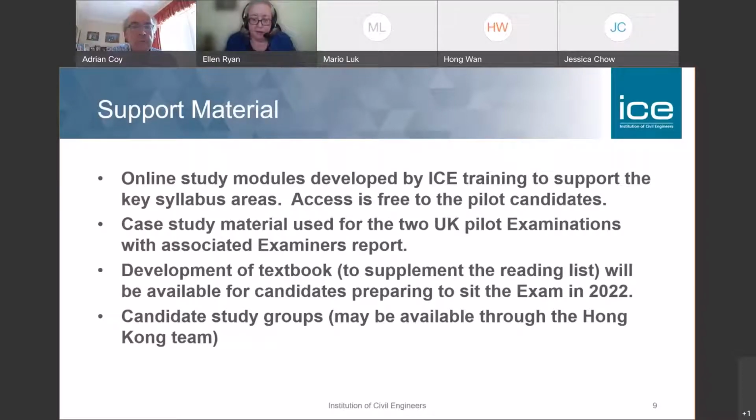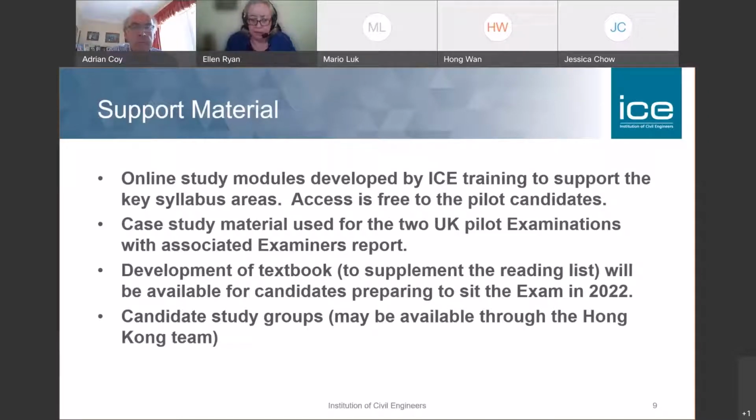One area that we will also be able to support you with: we will be running a briefing session for the actual registered pilot candidates to go through the exam day in more detail, and give them an opportunity to see what the online system looks like and explain how they use it during the day.